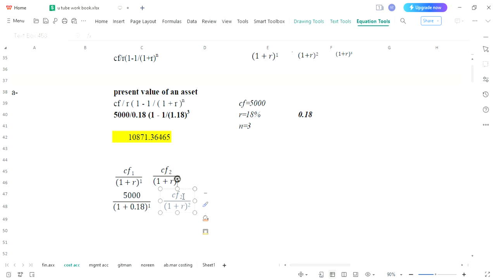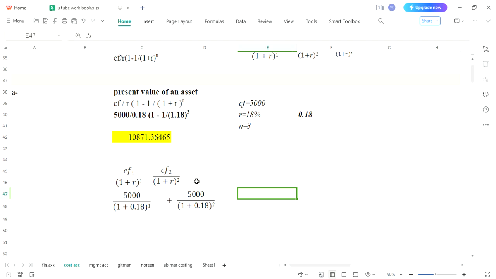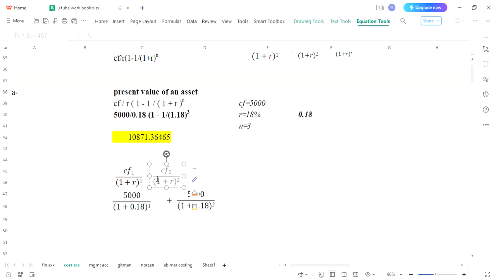Second cash flow would remain same, that is 5000. 1 plus R, that means you will put 0.18 raised to power 2. So in this way you will complete it. Just putting the sign of adding. So our second inflow is ready, and you are also needed to put sign of plus over here.